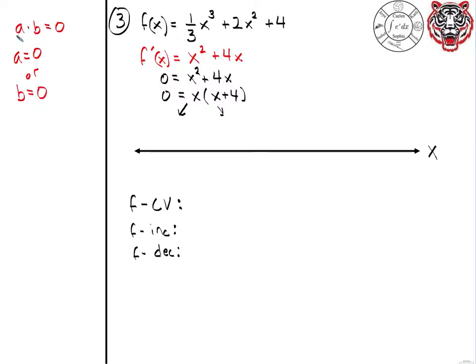Which means I need to set this whole quantity, if it's x plus 4 or something even bigger, this entire quantity A, equal to 0, and this entire quantity B equal to 0. So you should get 2 critical values out of that.